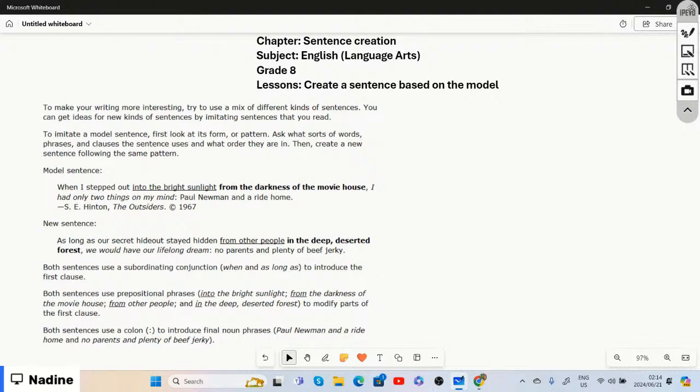And also, both of the sentences use prepositional phrases.